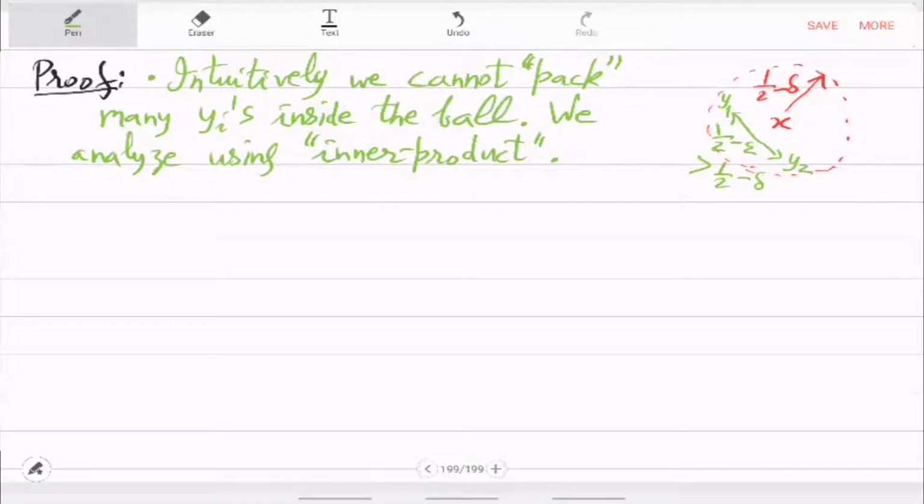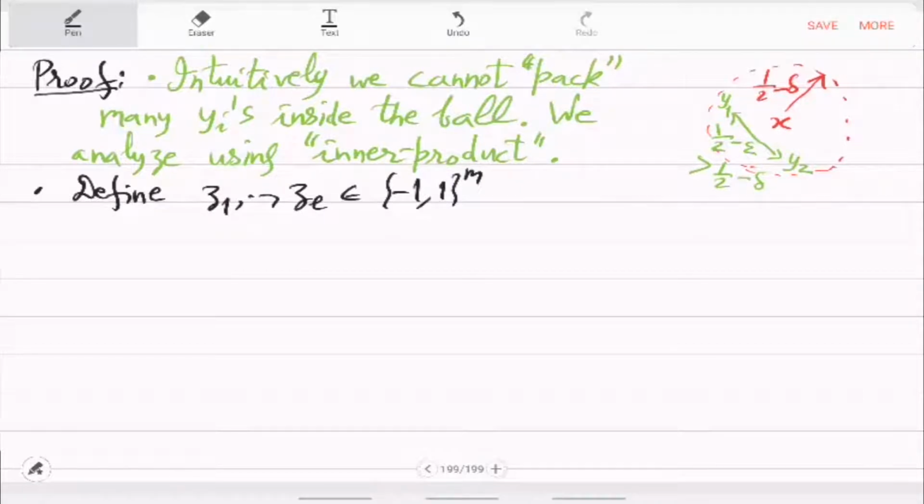Let us define inner product so that it captures this Hamming distance well. Define the strings z1 to zL with plus minus 1 coordinates. Remember the code word is of length m.